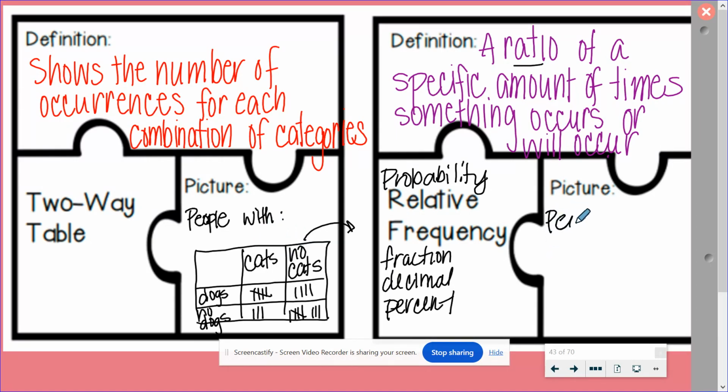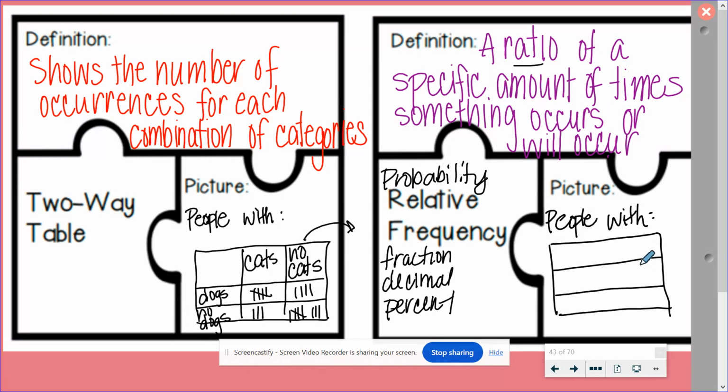So I'm going to copy sort of what I started with, but instead of putting my tally marks in there, we're going to turn those tally marks into ratios. So this was cats, this again was no cats, this is dogs, and this is no dogs.